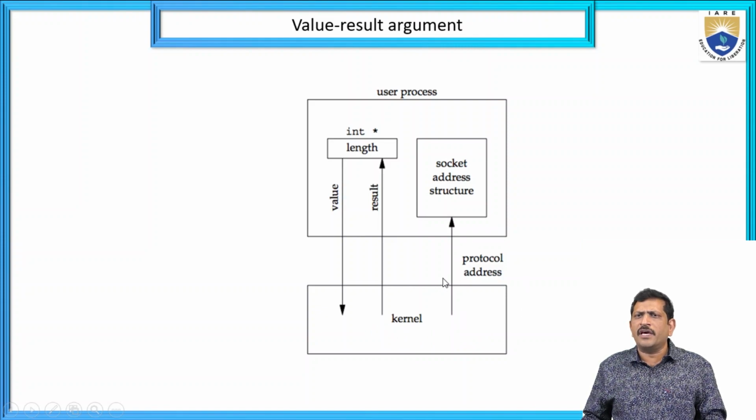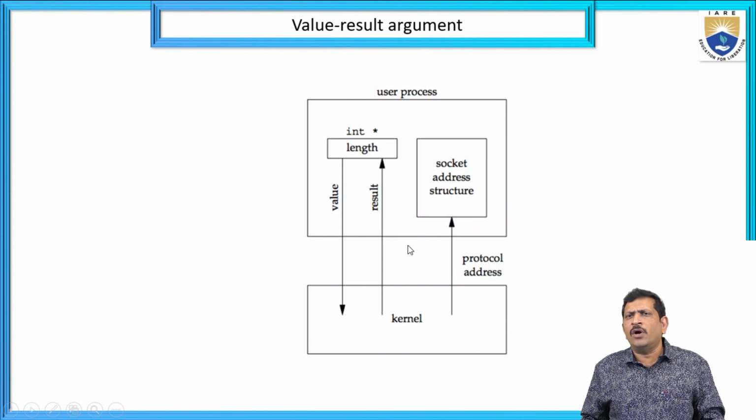The protocol address, with the help of this, now we are transferring the data to the socket address, the structure in a process at the process user. Now here the length, int is a pointer type, length is a pointer type. Now we are passing values, and values can be transferred from the processor to the kernel.